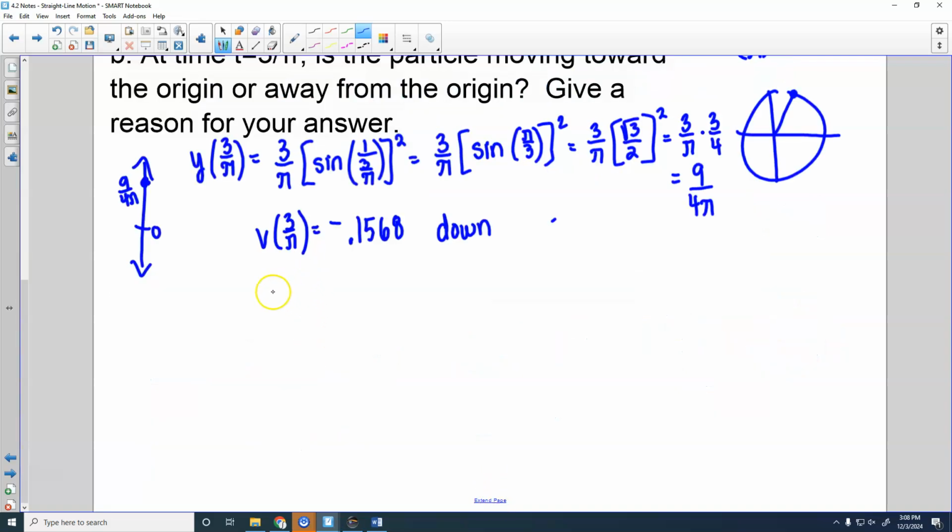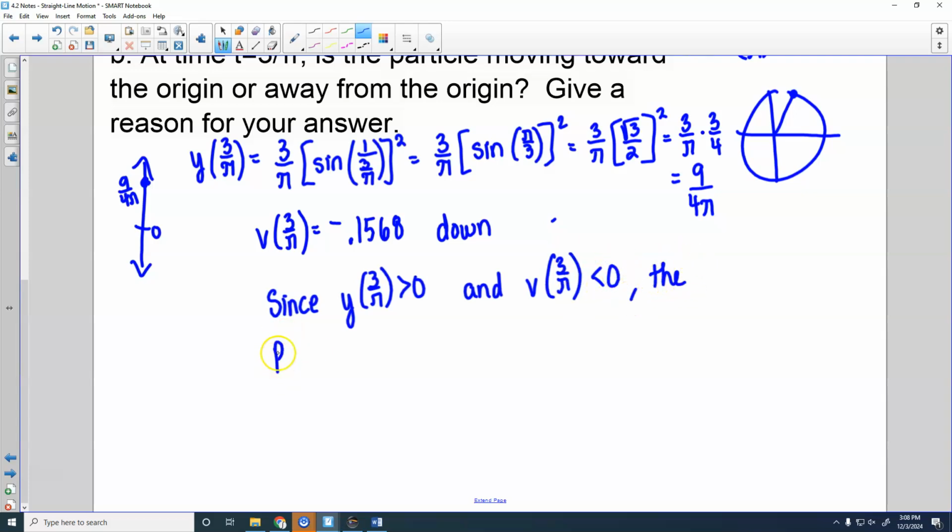So since y of 3 over pi is greater than 0 and velocity at 3 over pi is less than 0, the particle moves towards the origin at t equals 3 over pi.